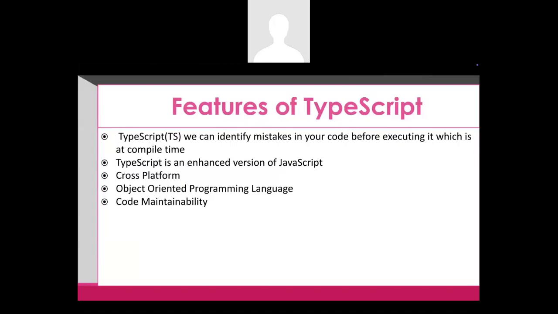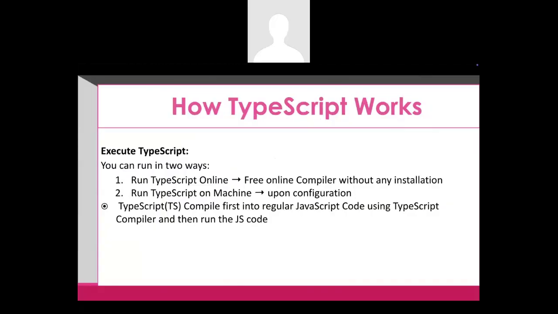In JavaScript, until you execute it, you don't get those issues. Whereas in TypeScript, if you have written some wrong syntax, it shows you those issues, which helps us resolve them at the earliest. Another important thing is that TypeScript is an advanced version of JavaScript.